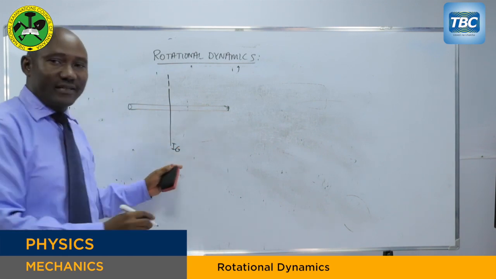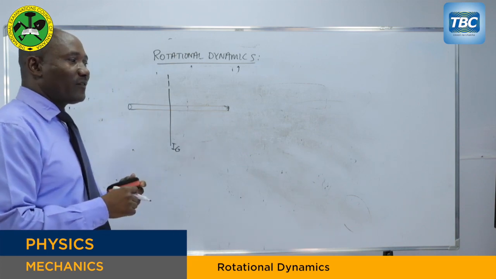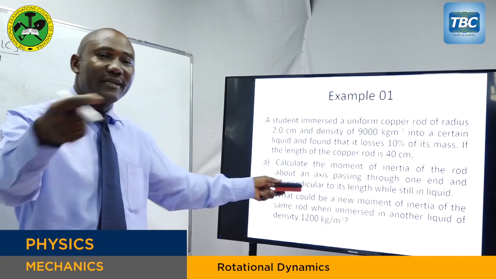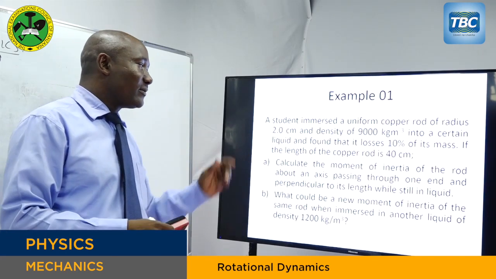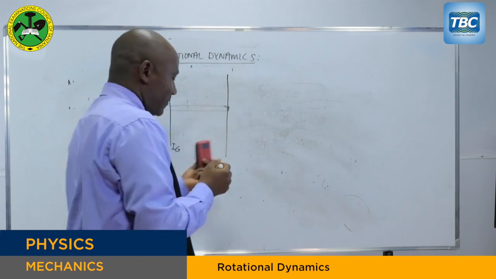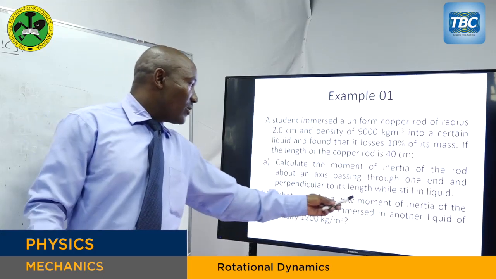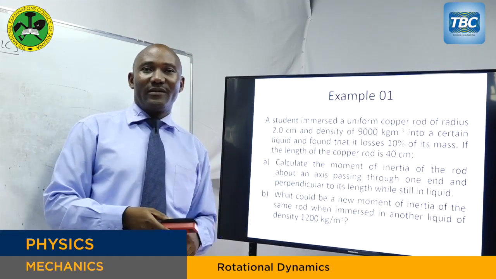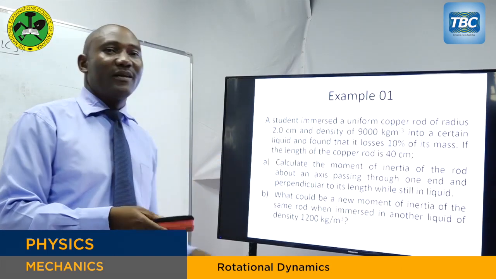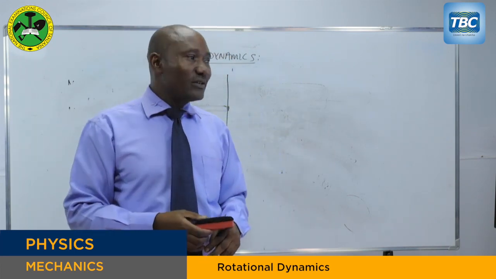We know this is the center of mass, but this time we're looking for the moment of inertia of the same rod about an axis passing through one end and perpendicular to the plane. Mind you, that particular rod is still in liquid. So the quantities are given, and you are supposed to find the mass of that object when in liquid.